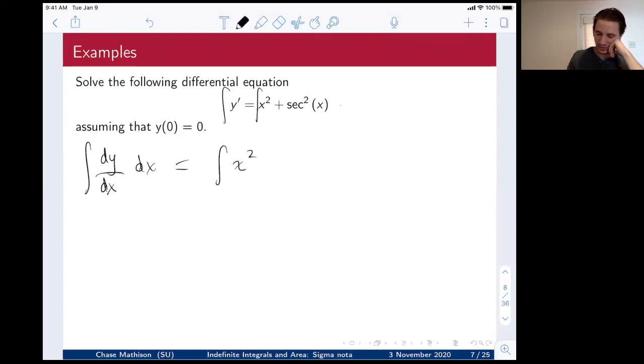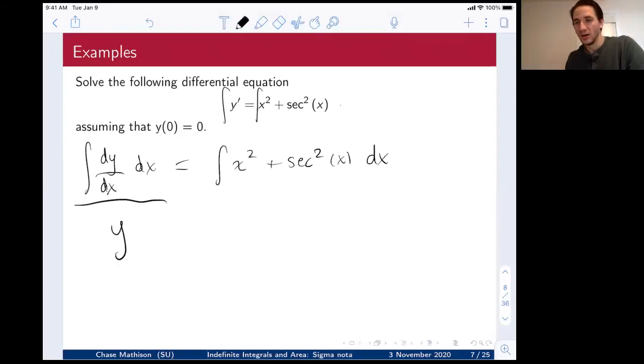So the integral of x squared plus secant squared x dx, right? So the integral of a derivative on the left, I'm just going to be left with the original thing. I'm not going to add my constant over here. I'm going to add the constant over on the right-hand side. So, because again, you don't need to keep adding a bunch of constants. You can sort of combine them all into one constant, okay?